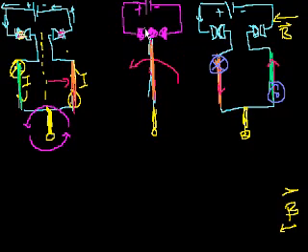So if you have a constant magnetic field, and you just use this commutator, which as soon as you get to that kind of vertical point, it cuts the current, and then when you go a little bit past vertical, a little bit past 90 degrees, it switches the direction of the current.